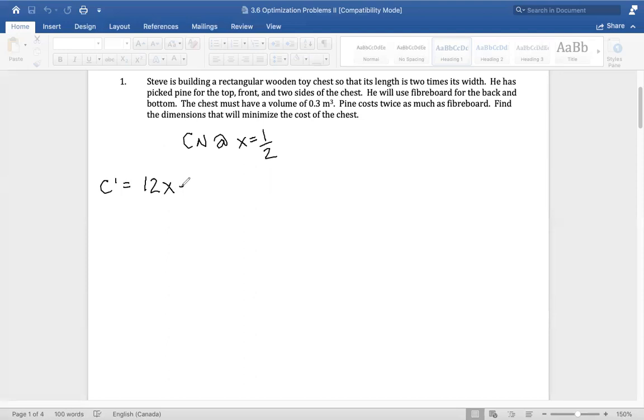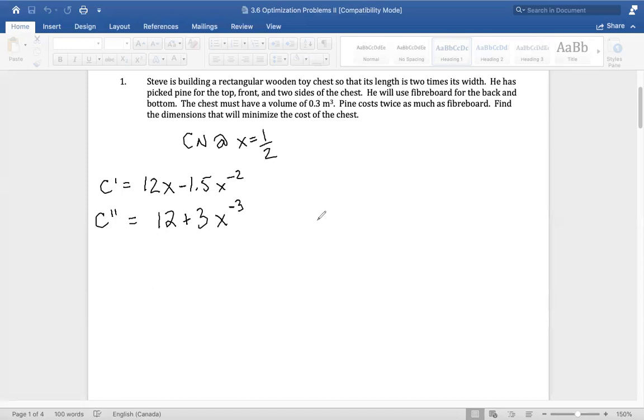So 12x minus 1.5x to the power of -2 is what I will use to get the second derivative. So on x, that would just be 12, x to the power of 0, which would be gone. -2, be careful, times -1/2 is actually a positive 3, x minus another 1 to the power of -3.